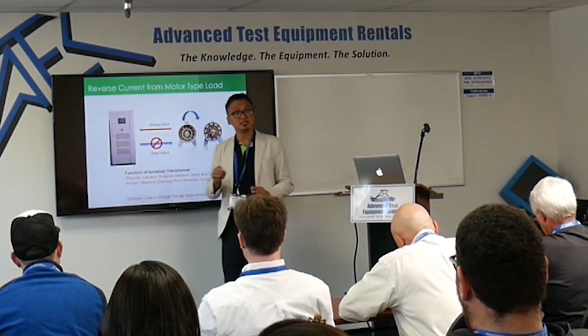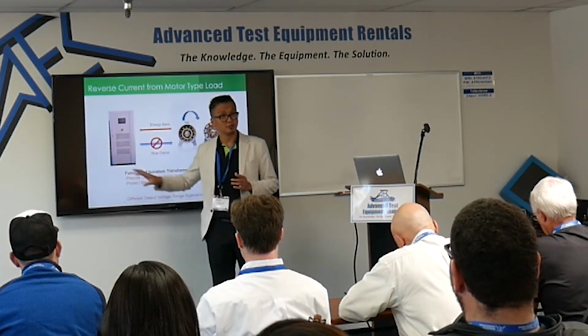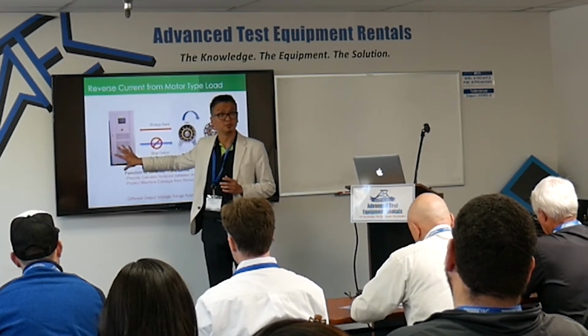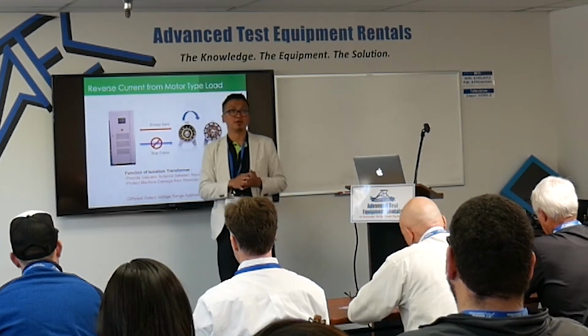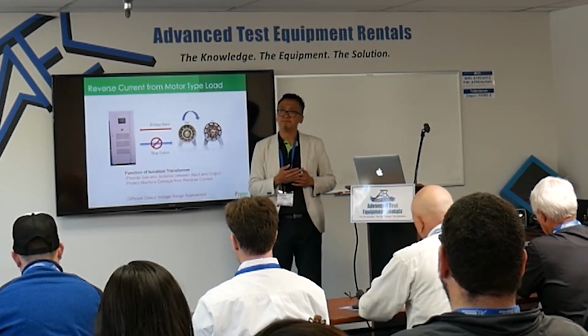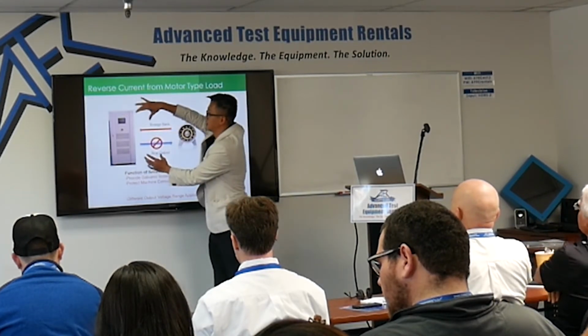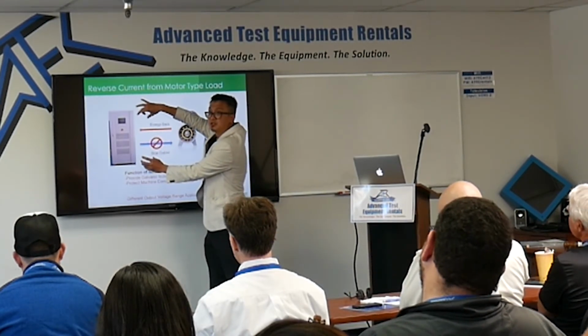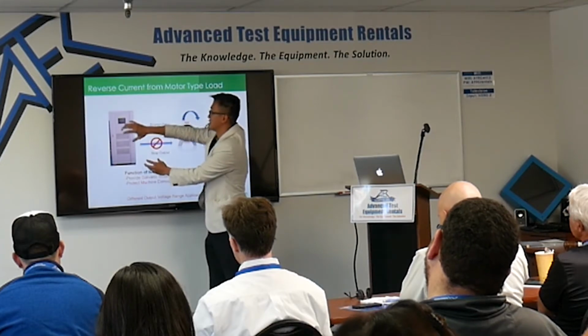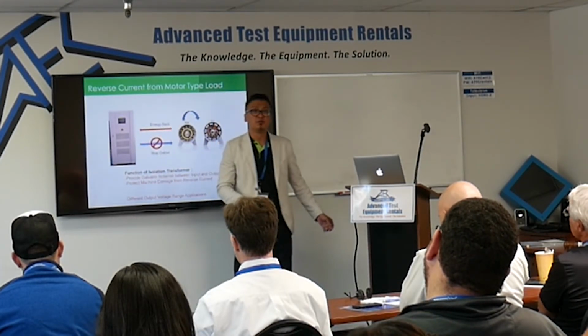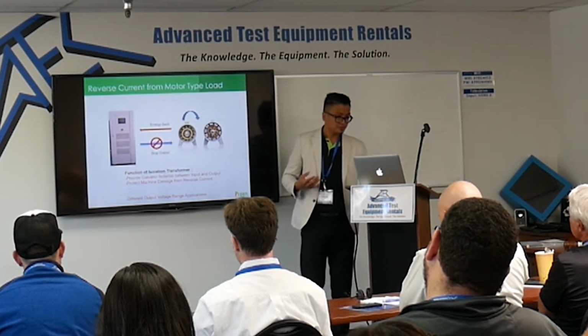Some customers need like 0 to 30 volts. We can make a 0 to 30 volt transformer. Without isolation transformer, they have to add an additional cabinet with an isolation transformer and hook up with that. So it's not more difficult for them, okay?